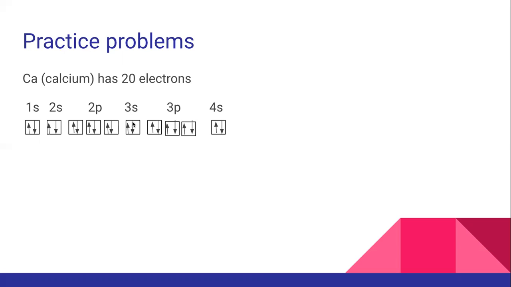Now we're at 12. 3p, you'll need all 6, and all 6 will be filled in here. That makes it 18. Now we have 18 electrons, and now move on to 4s. 4s fills in the last 2. 20 electrons. Done with this one.